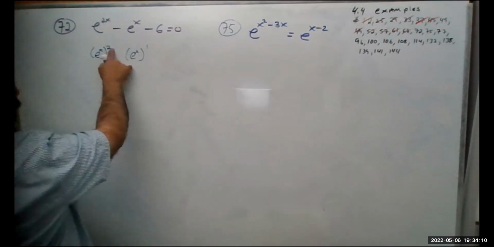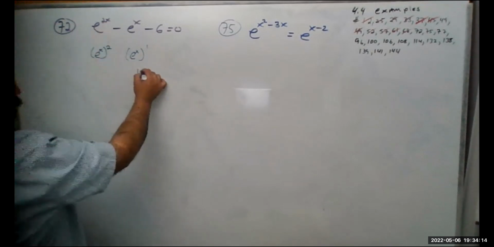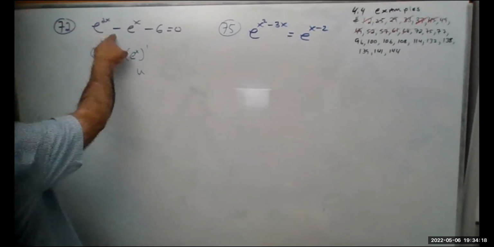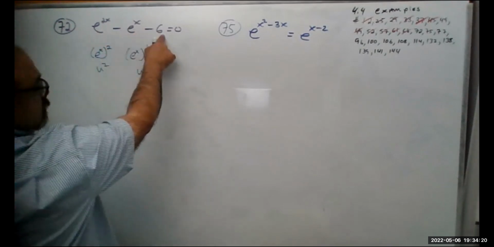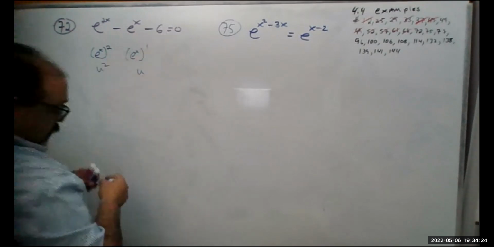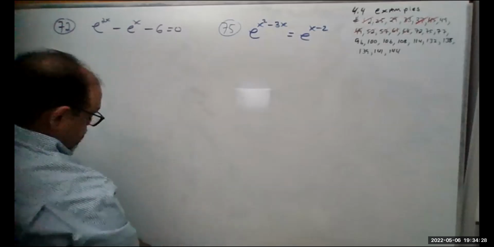Power to a power, you would multiply. x times 2 gives me the 2x. So this is like a u to the first, and that's a u squared. U squared minus u minus 6. And you could do the u substitution and solve, but let's try to think it through without the u substitution.